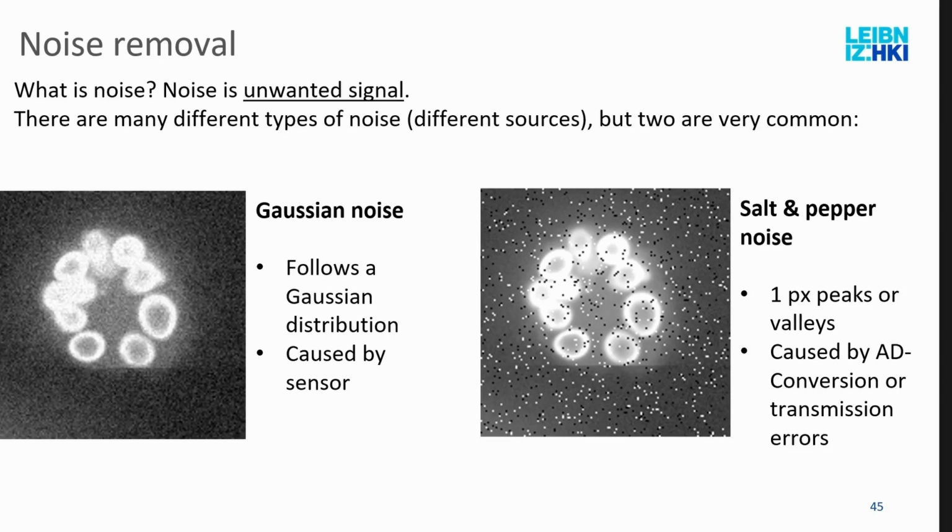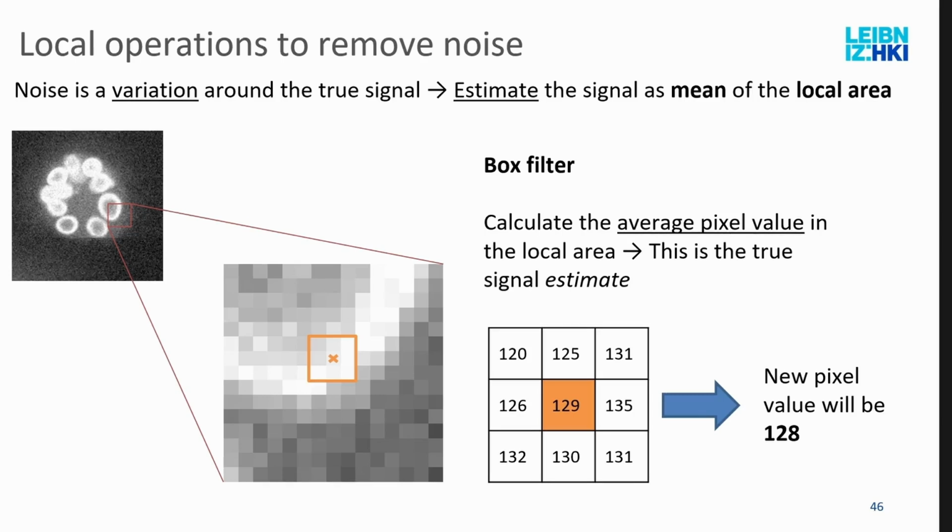Then images sometimes also have salt and pepper noise, where you have these peaks or valleys, so holes or really high one-pixel mountains. This is caused in some way by the analog to digital conversion, at least. So how do we get rid of the noise?